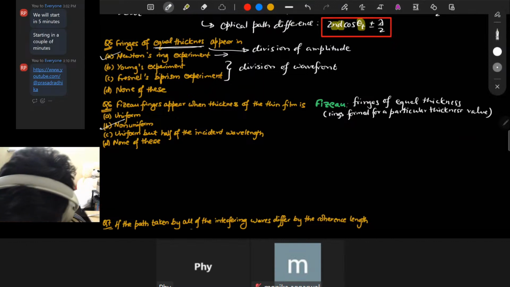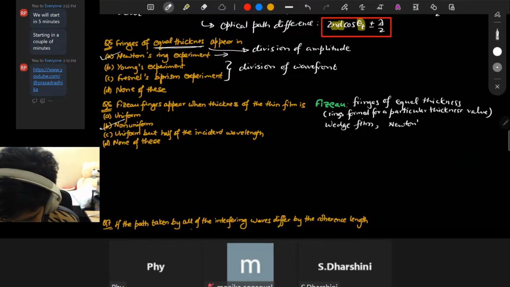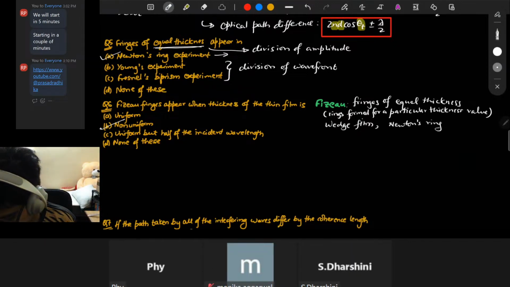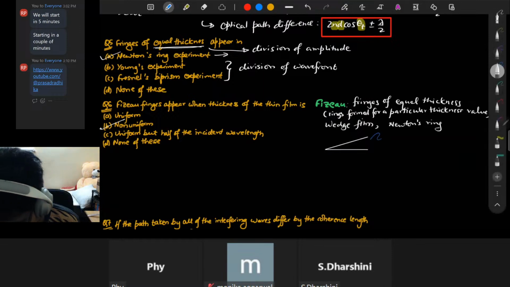The examples are wedge film and Newton's rings. So let me draw it for you. A wedge film means it's a wedge like this, and this is the film between these two surfaces.